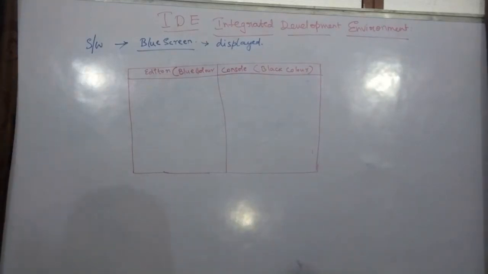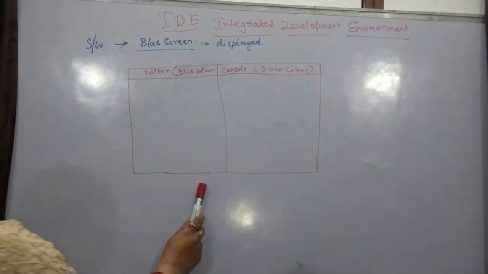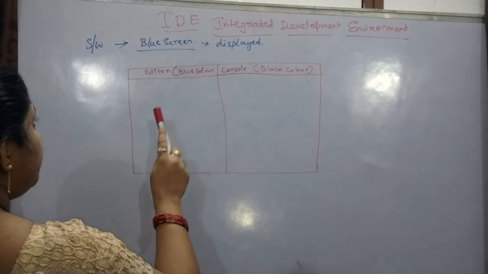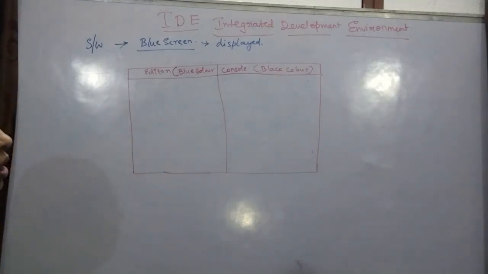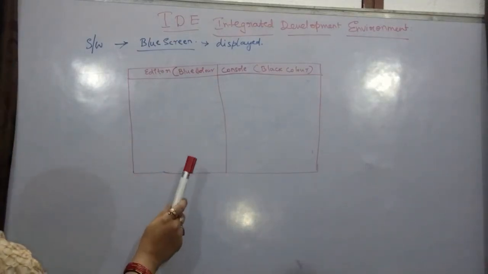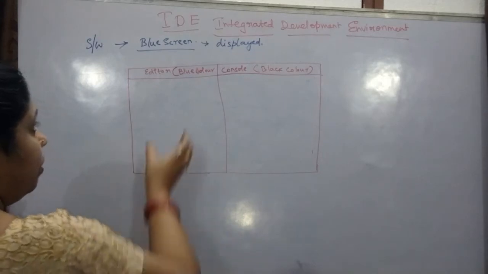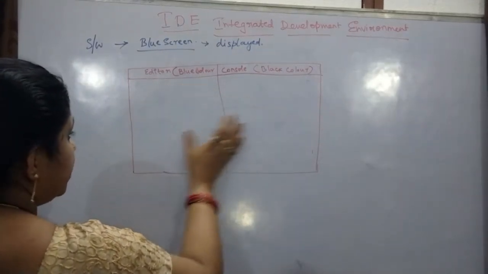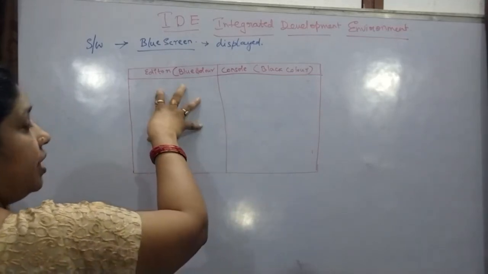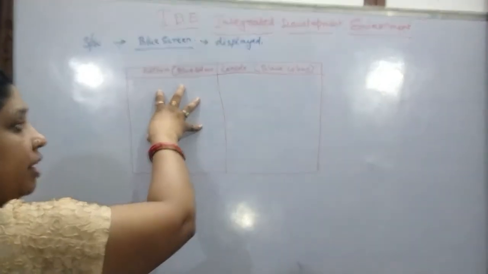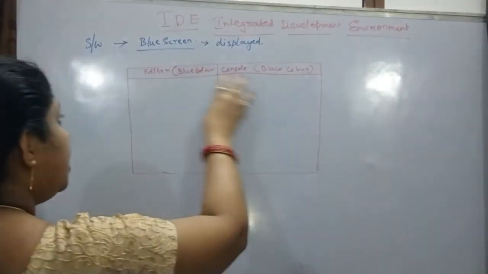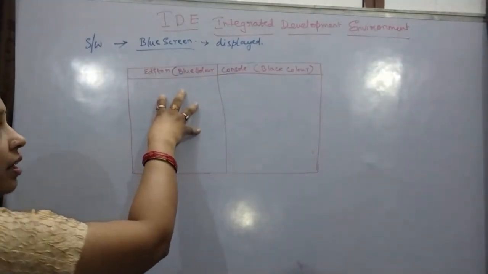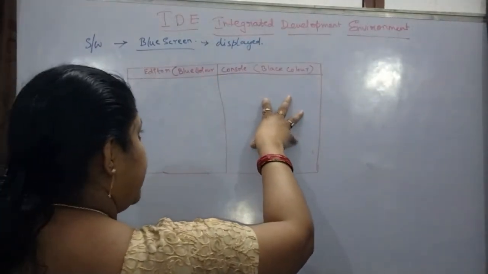One more thing, when you open the software, you are going to get this type of screen. The screen is divided into two parts: one is used for the editor and one is used for the console. The editor will be blue in color, the console will be black in color.